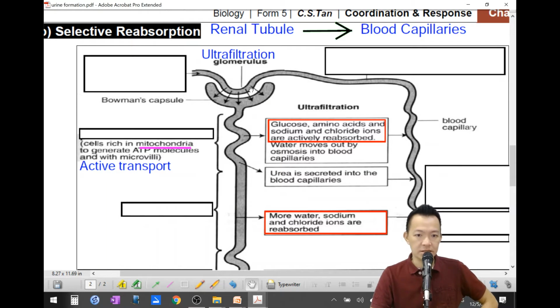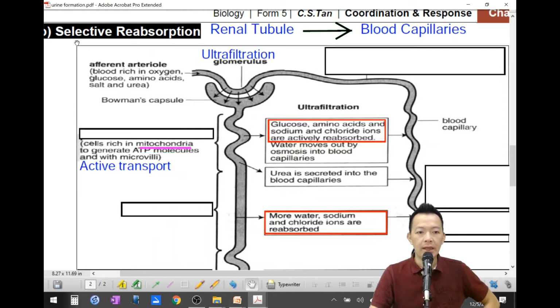What is this? This is the contents of the blood. This blood actually comes from the afferent arteriole, the small artery coming in. It carries blood rich in oxygen, glucose, amino acid, salts, and urea.